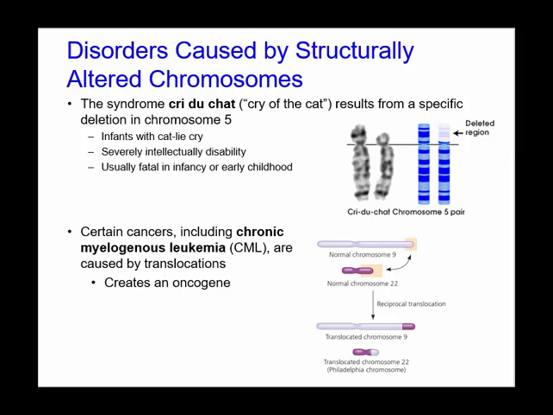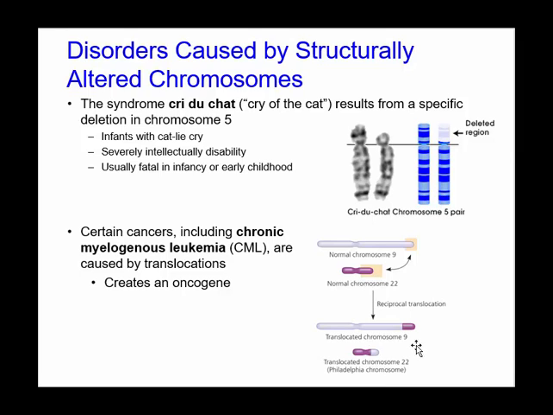A cancer, chronic myelogenous leukemia, CML, is caused by a translocation. This occurs in an individual. It takes a chunk of chromosome 22, swaps it with a bit of chromosome 9, and you end up with this translocated chromosome 22. It's also called a Philadelphia chromosome, based on where it was discovered.